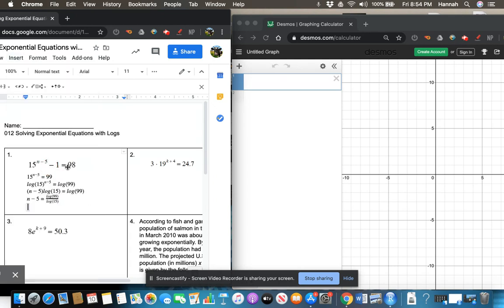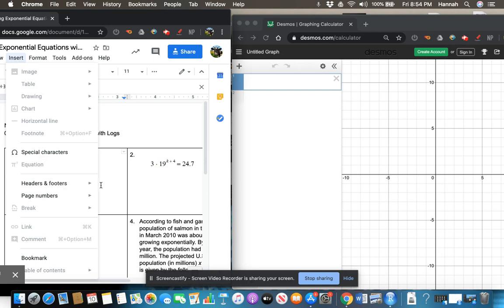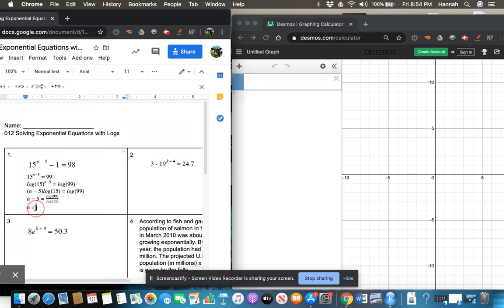So your final step, and what I'm actually going to type into Desmos, is log of 99 divided by log of 15. Well, it's not going to let me copy paste there. Let me just retype it. Fraction, there we go. So log of 99 divided by log of 15. Then I'm going to add that 5. So plus 5.